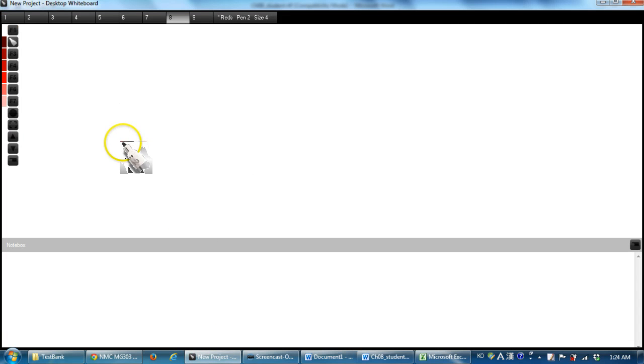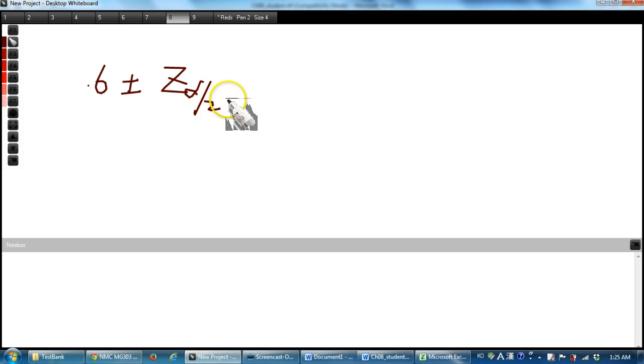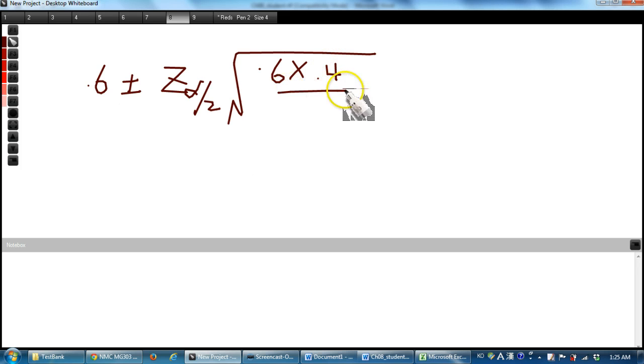We start with 0.6 plus or minus z alpha over 2, a two-tailed case, times the root according to equation 8.7 on page 357, of 0.6 multiplied by its complement 0.4, over 100.